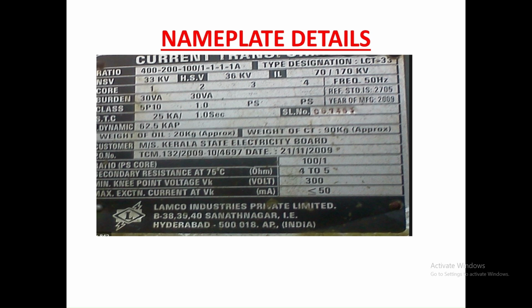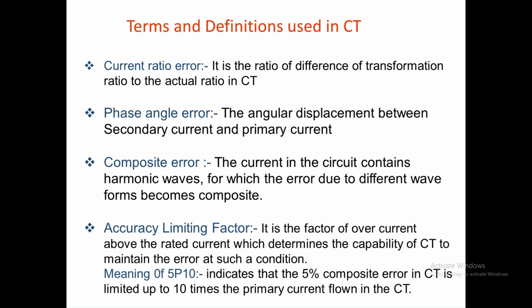So these are the essential data we need whenever we are going for installation, commissioning, operation, maintenance, and testing. From the nameplate also you can get the values.